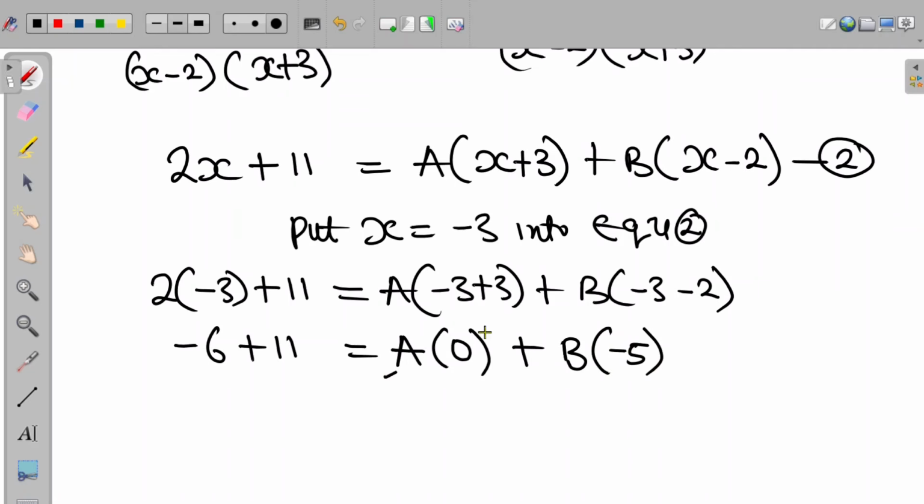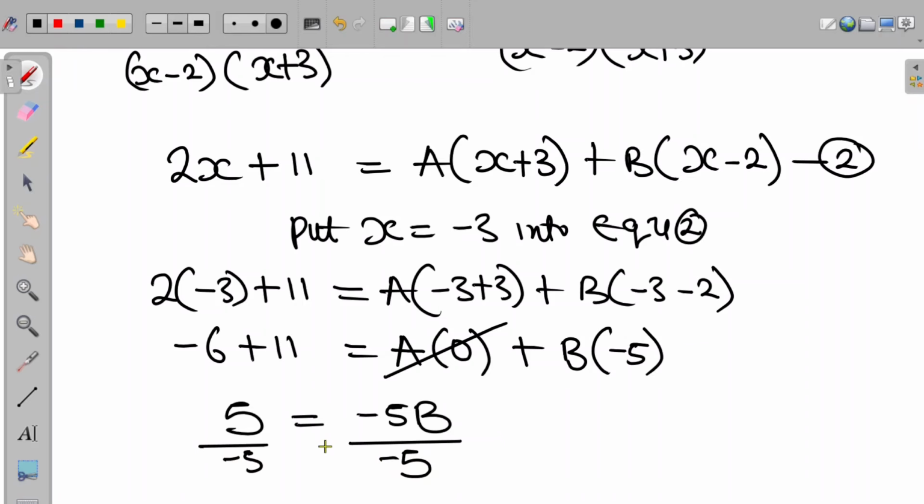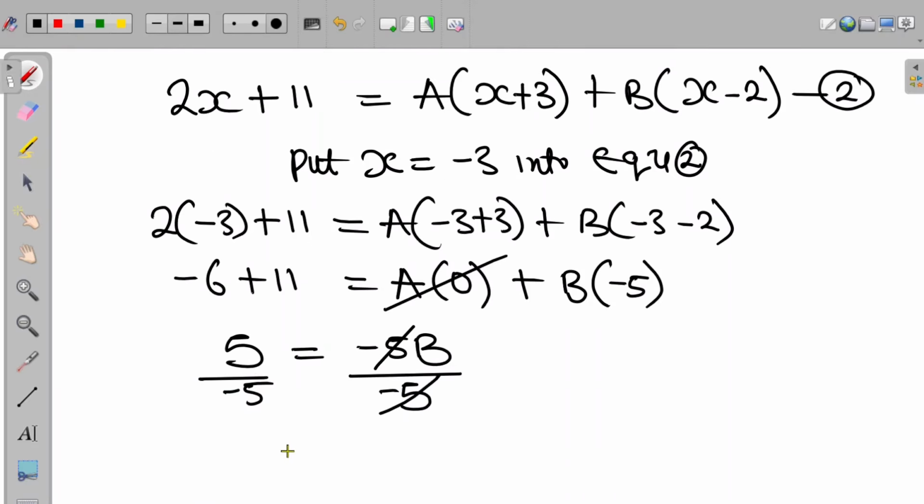We can eliminate A because A times 0 is 0. -6 plus 11 is 5, equal to -5B. We can obtain the value of B by dividing by -5, so the -5s cancel out. Therefore, B is equal to -1.